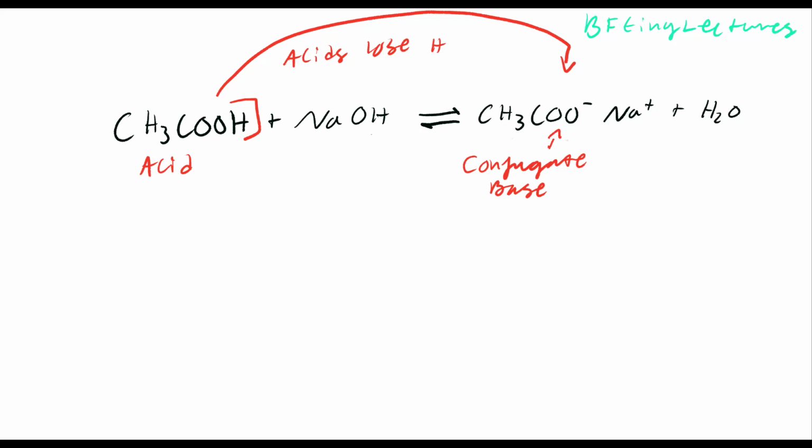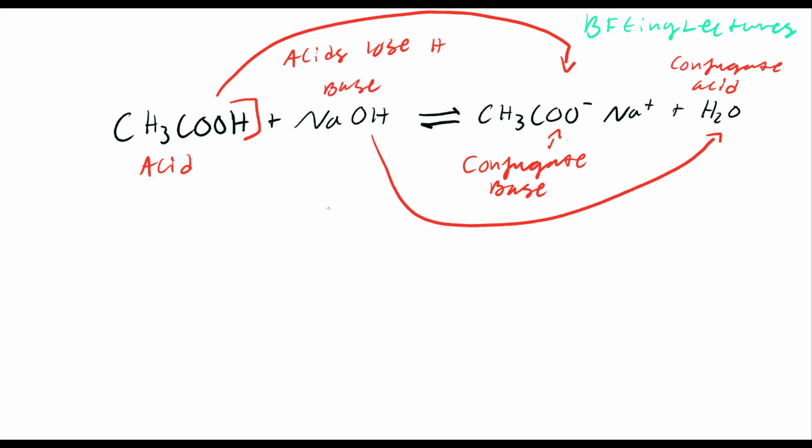Over here, notice that the hydroxide, the OH, gained a hydrogen to become water. Now that is a definition of a conjugate acid, because the water can act as an acid, meaning it can release a hydrogen to reform the base. So it could become the hydroxide, okay?